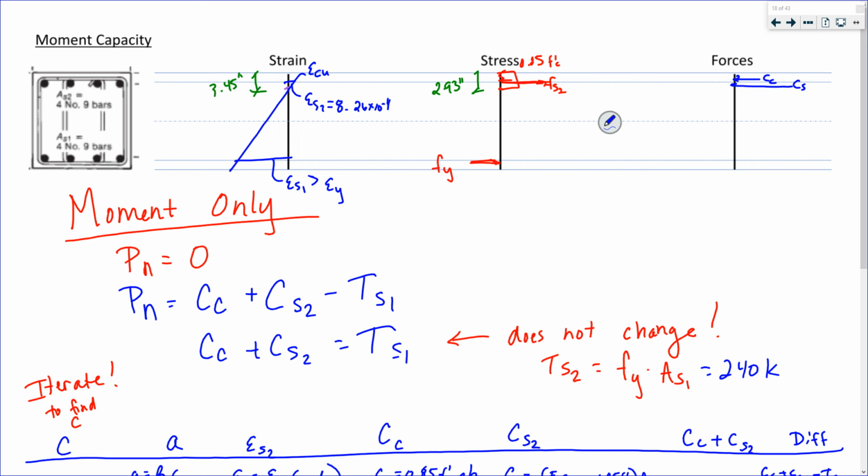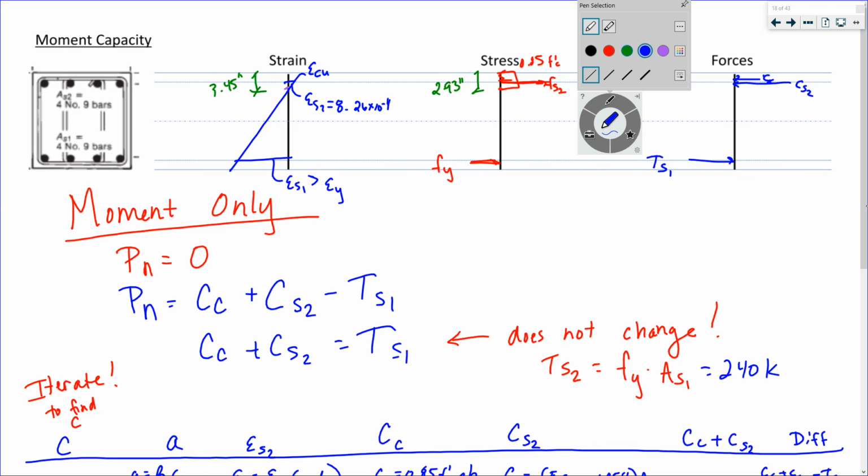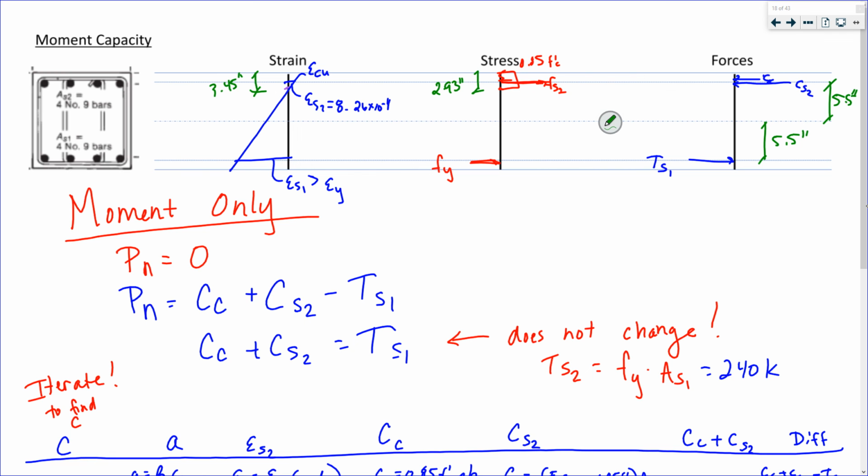C sub S is on that. And let's see, my TS1. As before, since the centroid never moves, 5.5 inches.